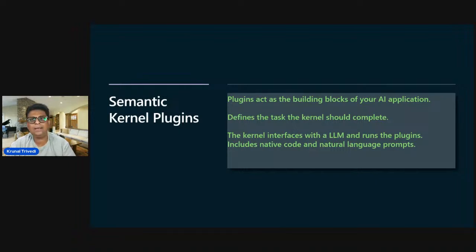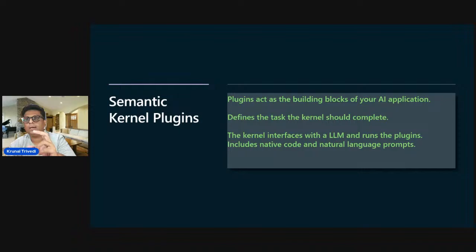So you can say, take this input and prepare the itinerary, or convert it to French, or take this email and summarize it. Summarization is a task that you are going to achieve using this plugin.